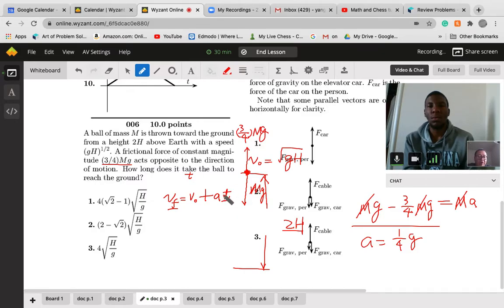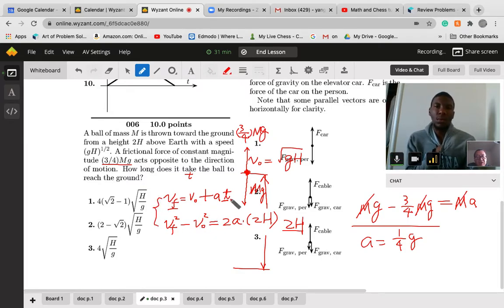You are looking for the time, but you need to find the final velocity. Otherwise, you cannot get the time. So that means we need another equation. Remember, we have another equation: vf squared minus v initial squared equals 2 times a times distance. That's 2 times h.